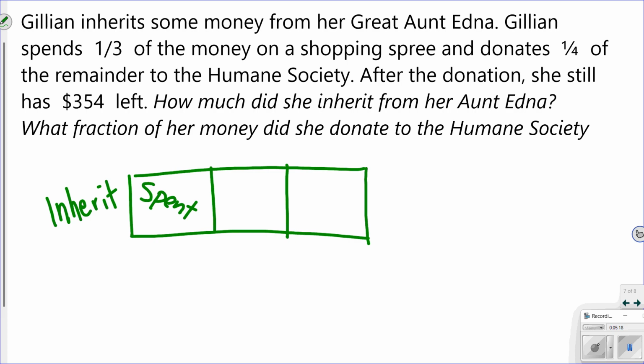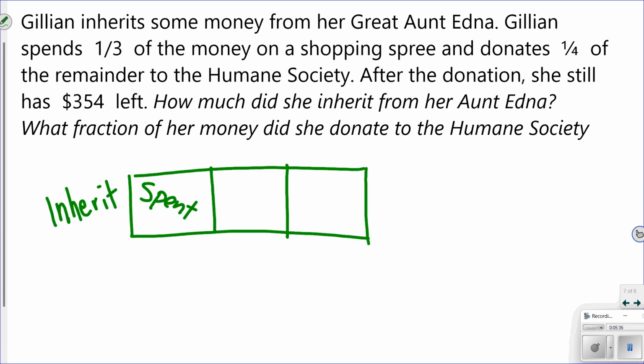Next, we're told that she donates 1/4 of the remainder. So now we're talking about the 2 units that we haven't done anything to. So we need to break those 2 units down into fourths.